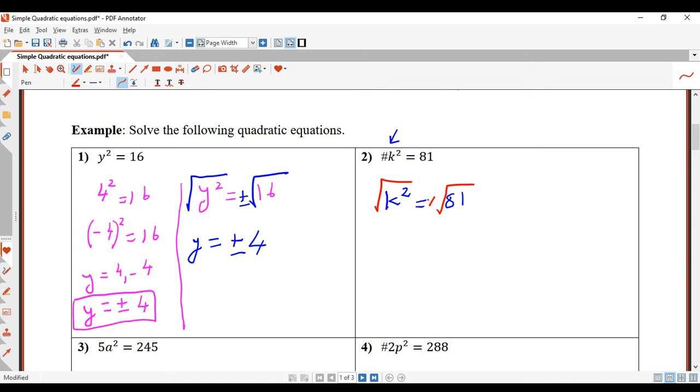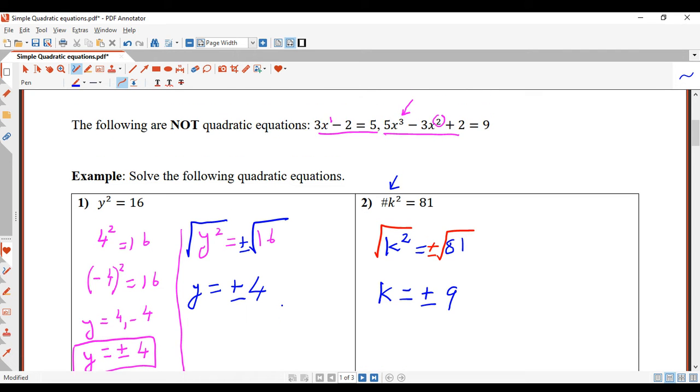Don't forget to put the plus and the minus symbol in front of the square root. And then we're going to write down our answer. Now the square root undoes the power of 2. That's the whole point of doing it in the first place. You need to keep your plus or minus there. And then square root of 81 is 9. Okay, make sure you copy that down into your books. All this should be copied down.